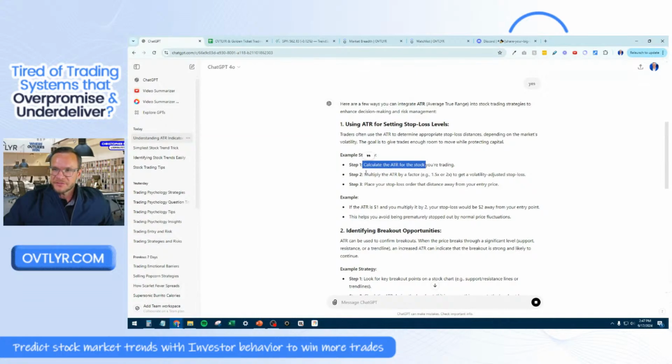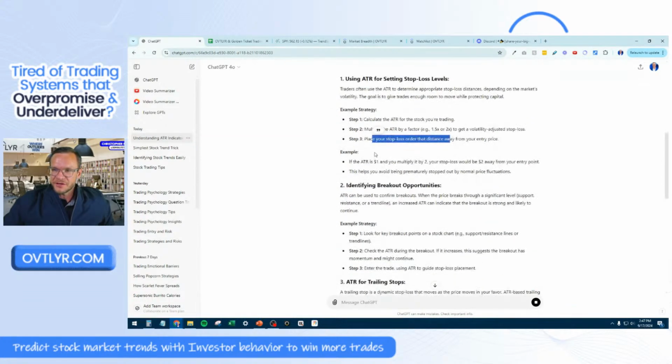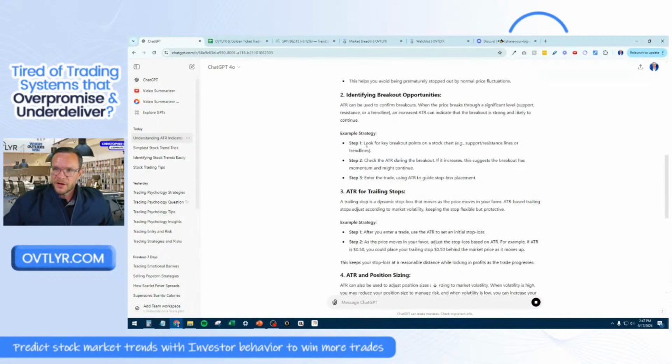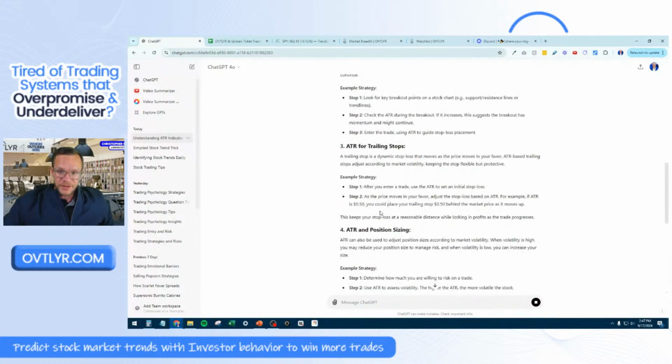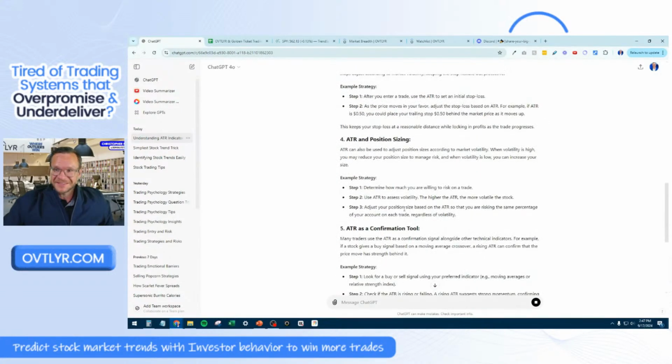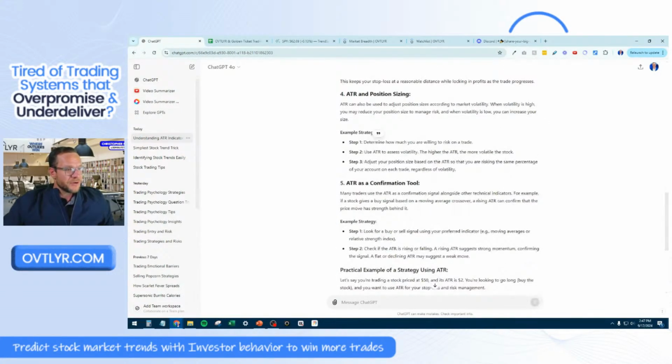Okay, so this just talks about how to set your ATR value for your stop loss, breakout opportunities, ATR for trailing stops, ATR position sizing, right? All the stuff that we do on a daily basis. And we do it because it works, right? We do it because it keeps our risk small. It lets our position sizes be dynamic based on what the market's doing.